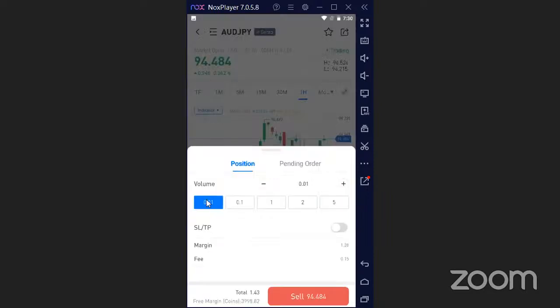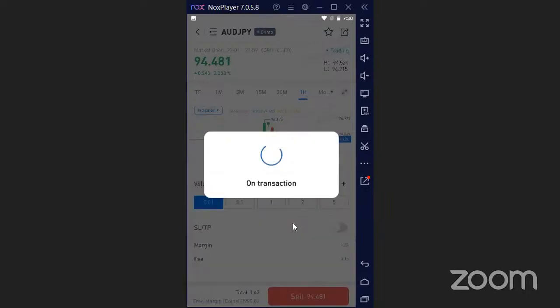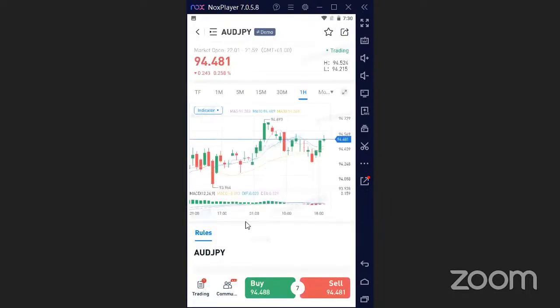And guys, I will advise you, anytime you are placing a trade on your demo, make sure you are using whatever you are going to be using on your real account. If you have a small account, $50 upward is a small account, trust me. Practice makes perfect.